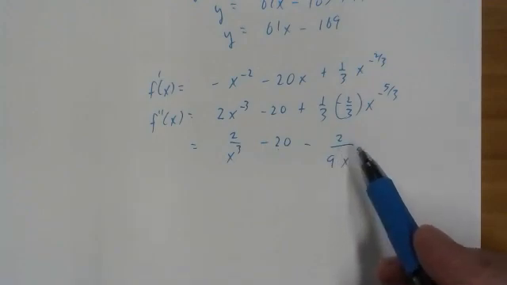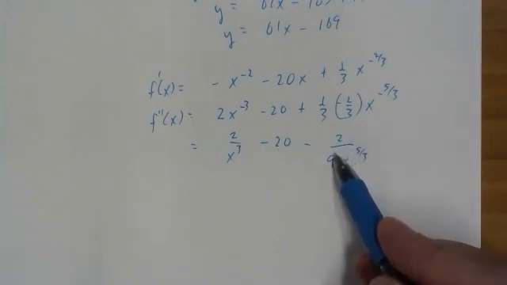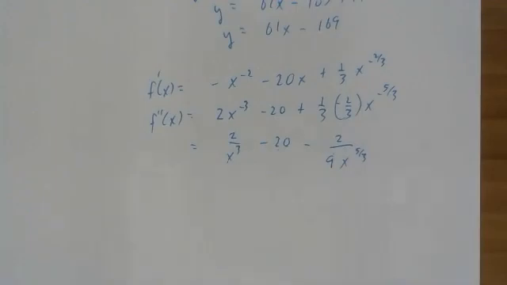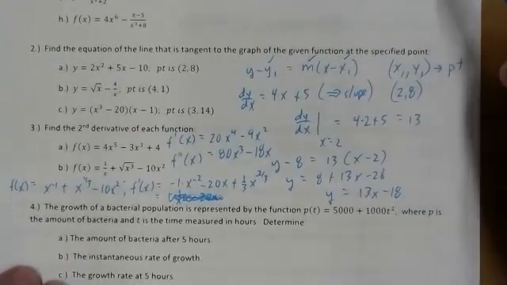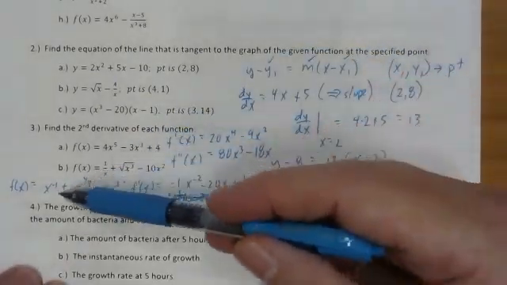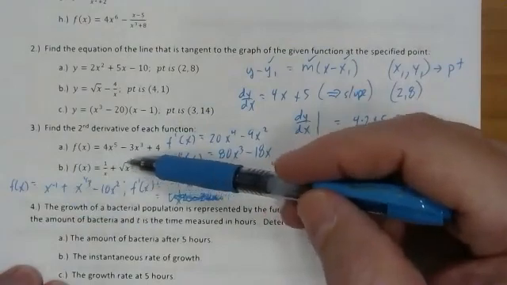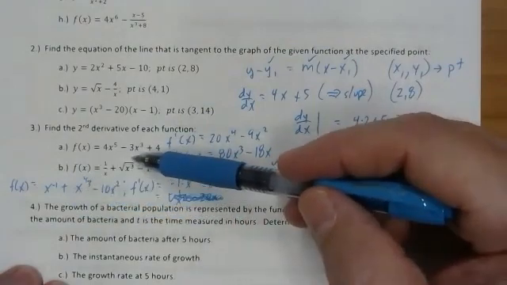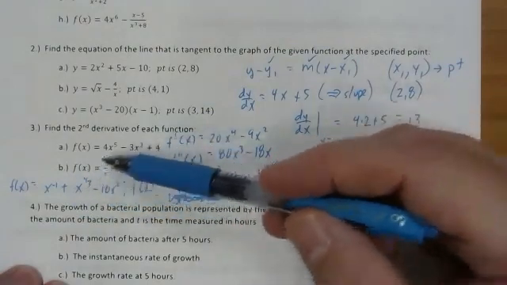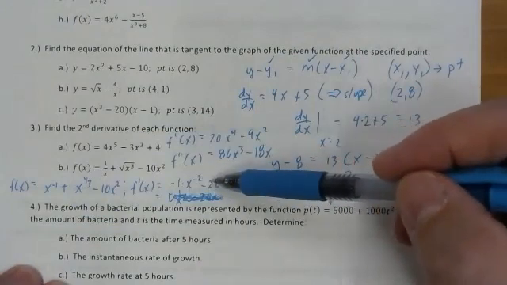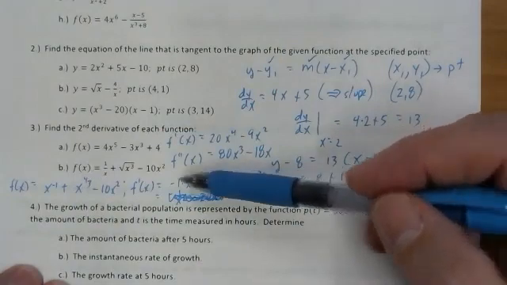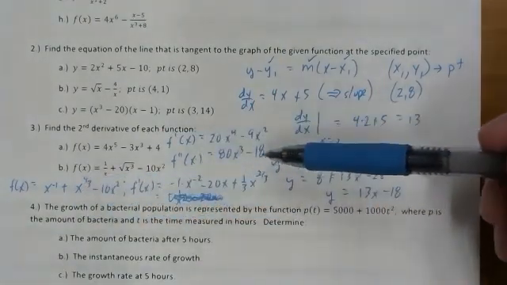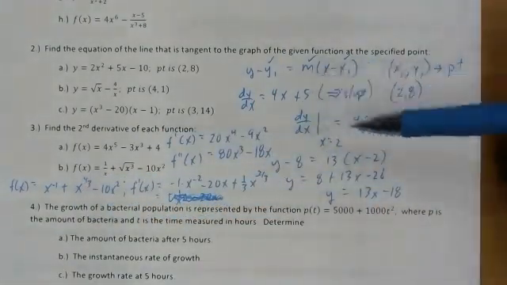All right, looks like I may have messed up on this term here. So let's go back to the very start, make sure I didn't mess up. So that's what happens, especially if you have a key, so that you have the answers. So this is x to the minus 1, x to the 1/3. So the derivative, negative 1 x to the minus 2, minus 20x. Derivative of this one is 1/3 x to the minus 2/3.